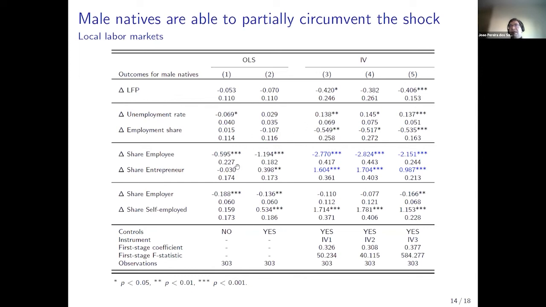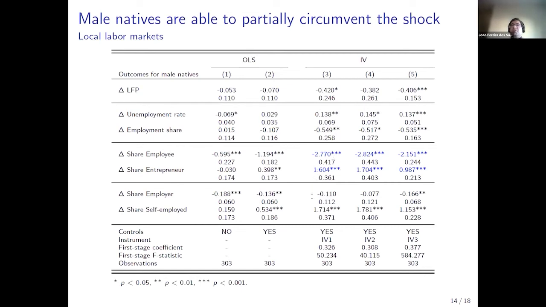employment decreases. This is mostly explained by the fact that the share of employees decreases more in places with a higher influx of repatriates. This is for males. Males are able to at least partially circumvent this shock by becoming entrepreneurs.